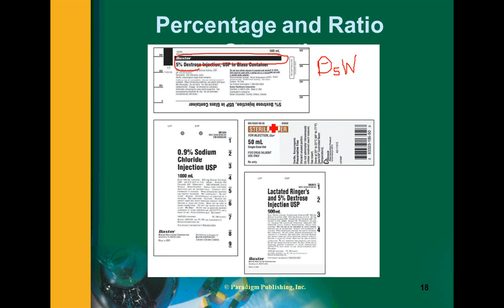And this one down here is your normal saline, which is always 0.9% sodium chloride, and it's just in the injection form. So your normal saline is a solution of water and sodium chloride at 0.9% concentration. This kind of gives you some example labels to look at.